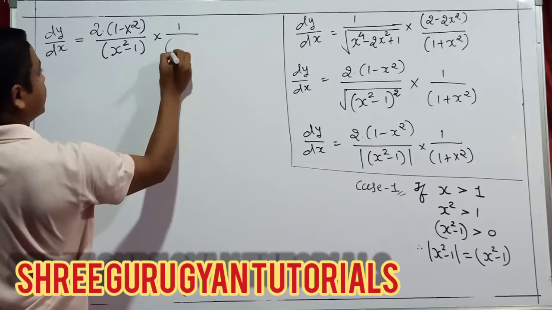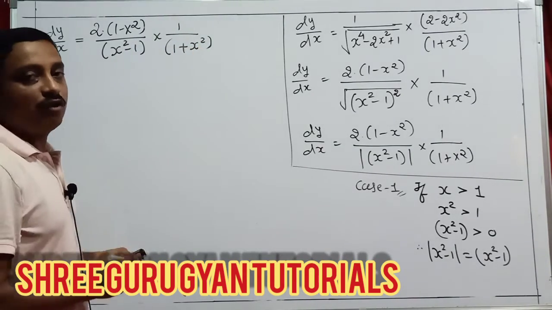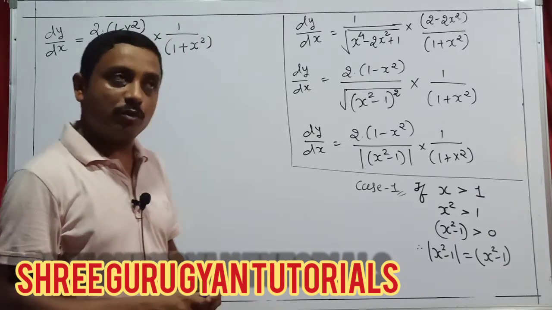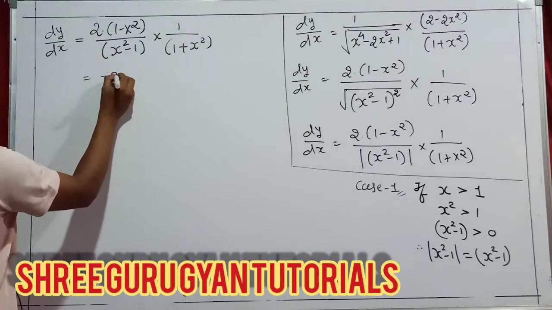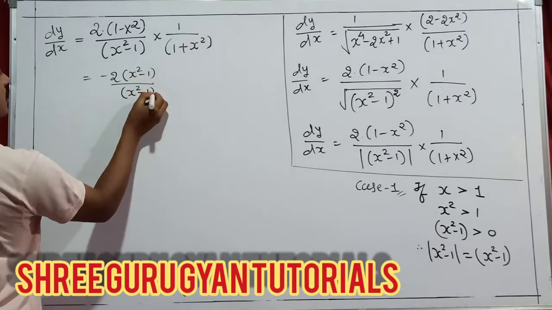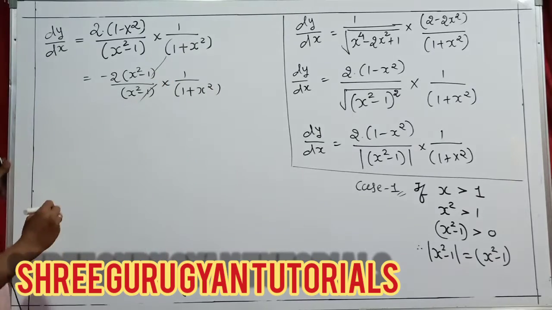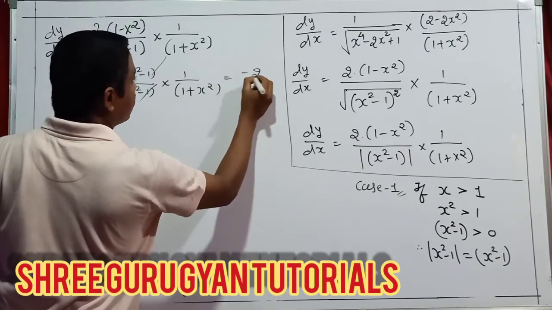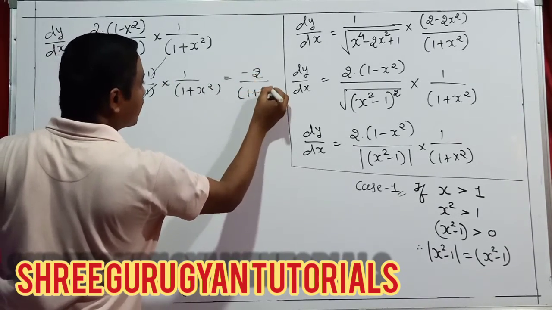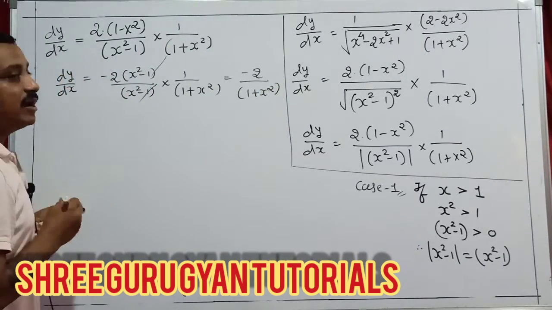Students, this and this cancel. But if you take minus common, so minus 2 x square minus 1 below x square minus 1, surely this cancels. Your first answer is done: minus 2 by 1 plus x square. This finishes your first case.